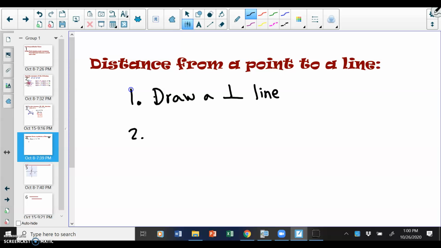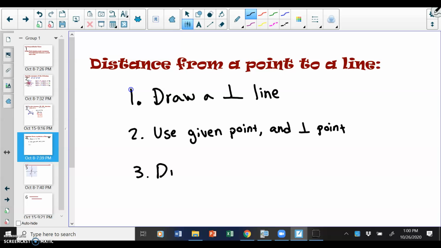Step 2, we are going to use our given points and a point on the line that makes it perpendicular. So now I put the perpendicular points. It'll make more sense in a second. And finally, once we have those points, we're going to use our distance formula.